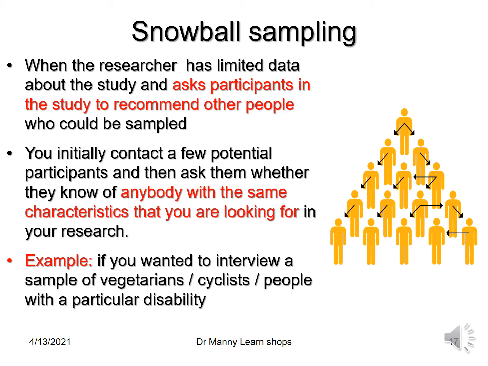In other methodologies, such as grounded theory, this is referred to as theoretical sampling, because you're going onward to look for other participants that could give you more information about what you want to find out. However, you're initially contacting a few potential participants, and then you ask them whether they know anybody with the same characteristics that you're looking for in your research.